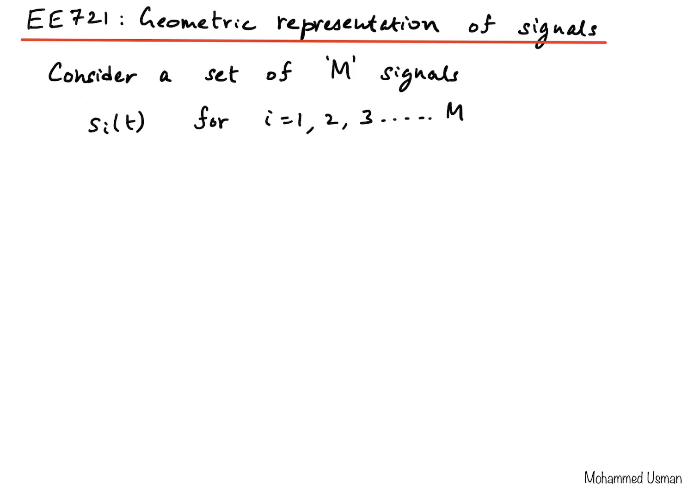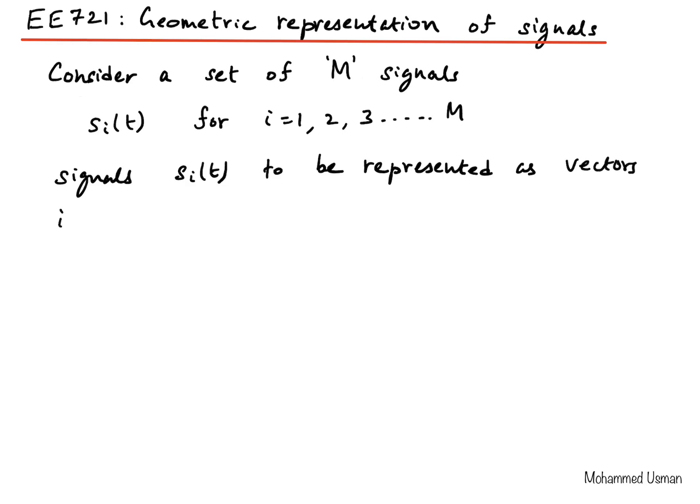So the signals Si of t are to be represented as vectors in an n-dimensional space, where the dimension n is going to be less than or equal to m.